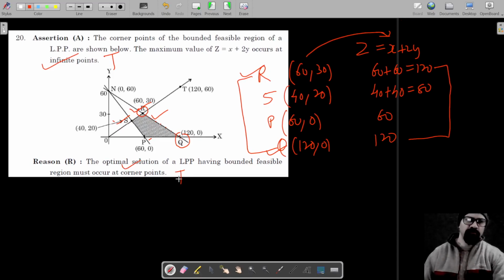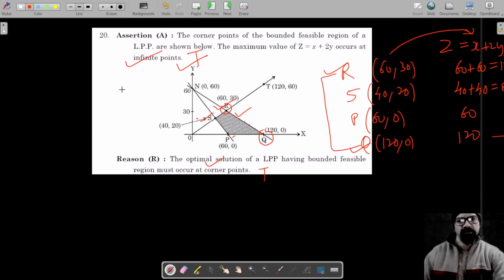This is also true, but this is not the correct explanation of the assertion.